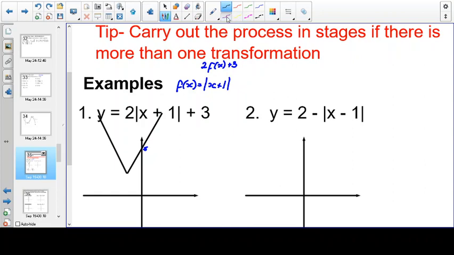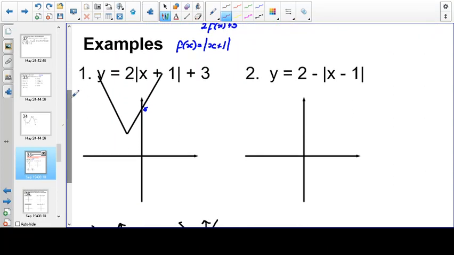One very useful thing to do every time you do one is write down the vertex, this point here. This point here is the vertex, and the vertex occurs where this is the modulus, so this is always positive or 0.